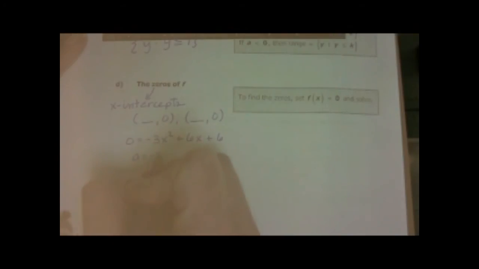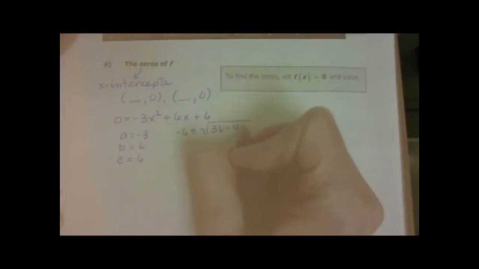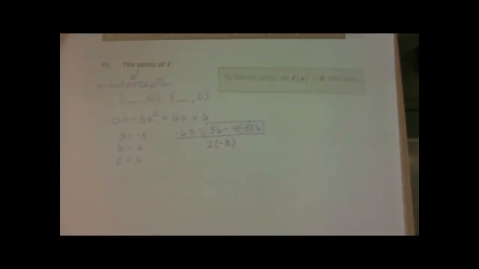So a is negative 3, b is 6, c is 6. And let's just see what we get. So I've got negative b, which is negative 6, plus or minus the square root of b squared, which is 6 squared, or 36, minus 4 times a, which is negative 3, times c, which is 6. And this is all over 2 times a, which is negative 3.